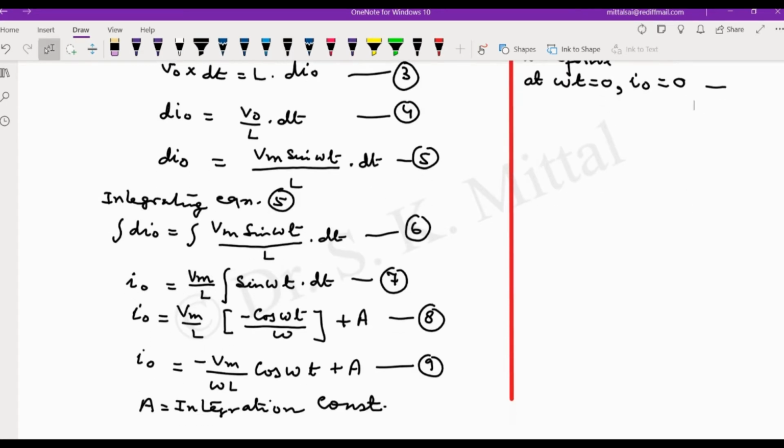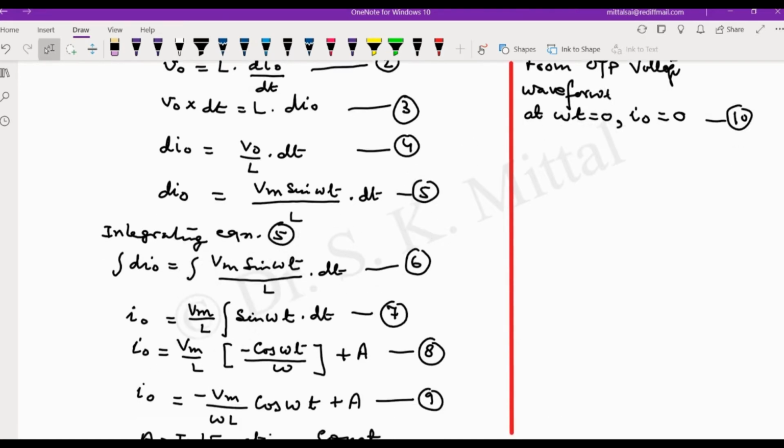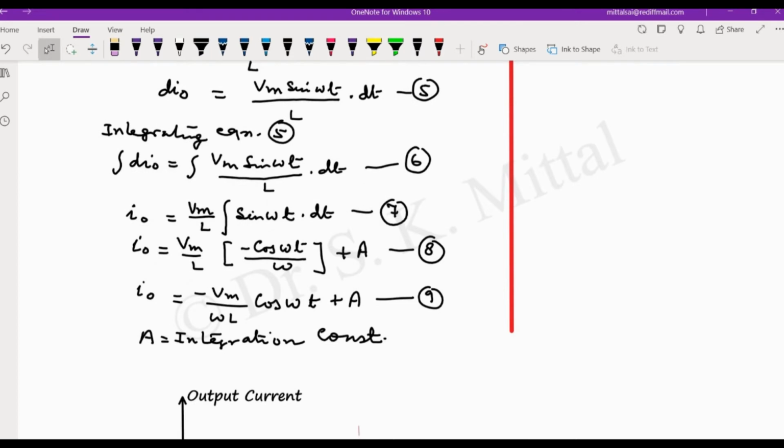Now, on the basis of this assumption, from the output waveform, we can calculate the output current expression. Now, I will put omega t is equal to 0 in equation number 9.